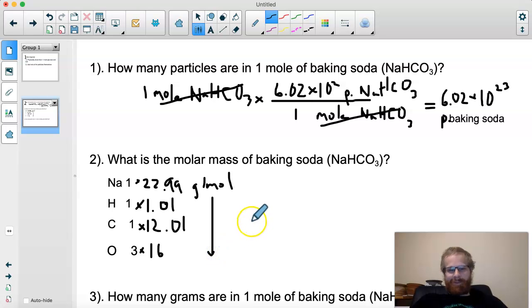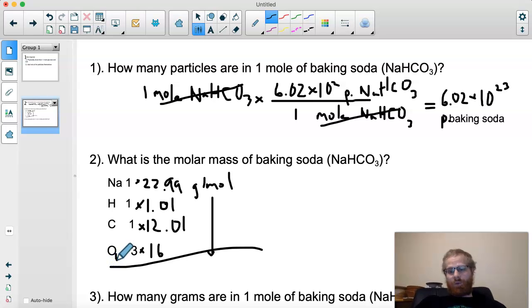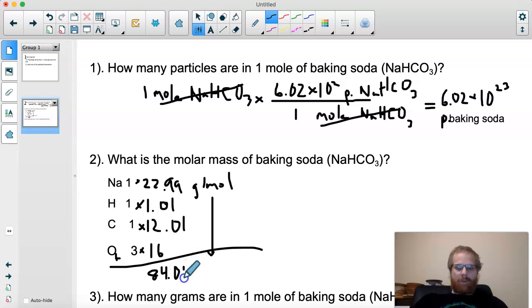Okay. So when I add all of those numbers together, I should end up getting the actual molar mass of baking soda. So 22.99 plus 1.01 plus 16 times 3 plus 12.01 is 84.01 grams per mole.